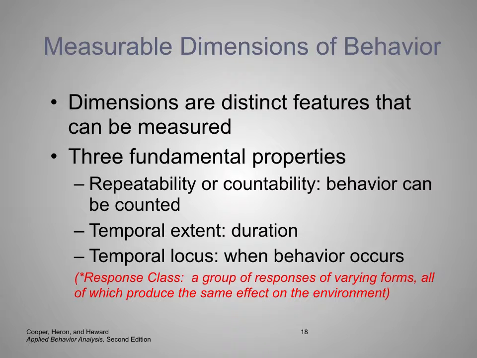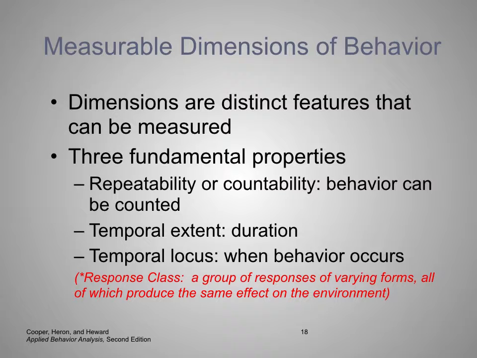So waving hand and saying hi have different forms, but these two behaviors produce the same effect, right? So we say these two behaviors are in the same response class. That's the response class. And then temporal extent.